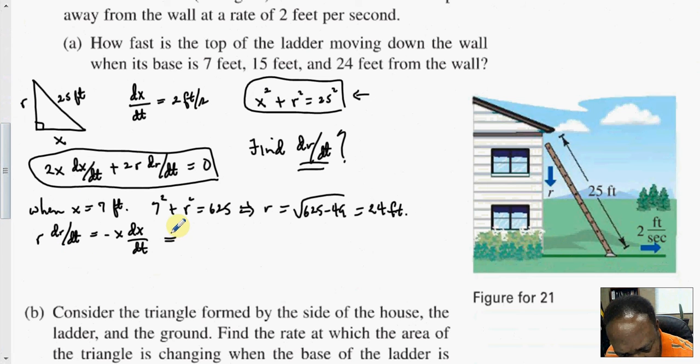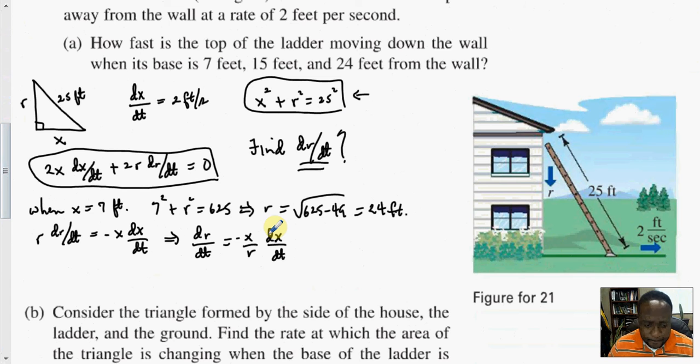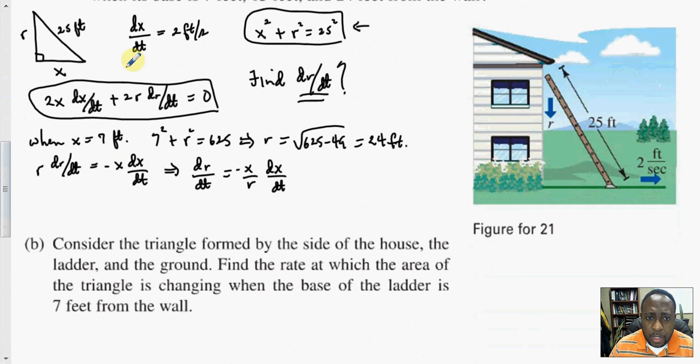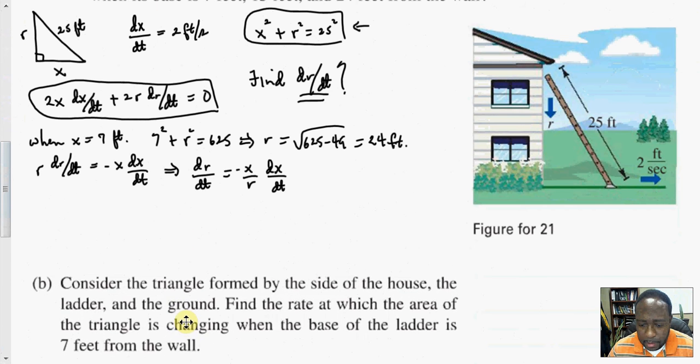And so this implies that what you're looking for, dr over dt, is equal to negative x over r times dx over dt. Now I need more space.